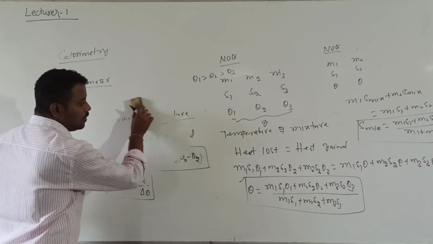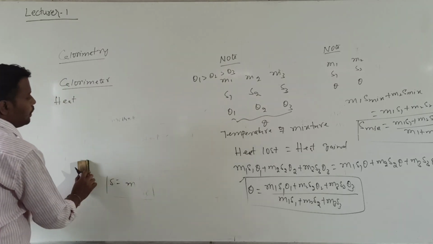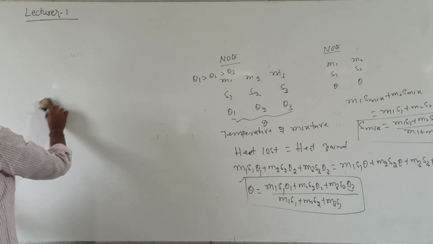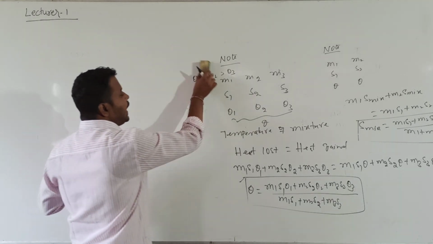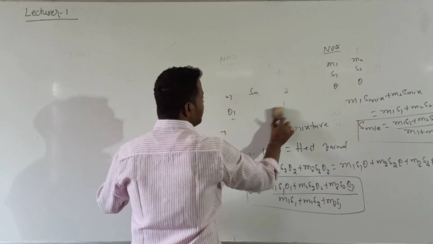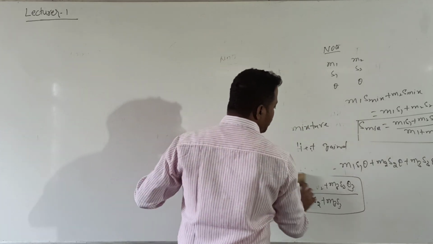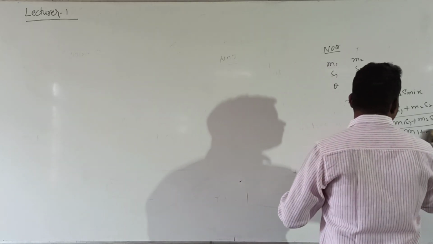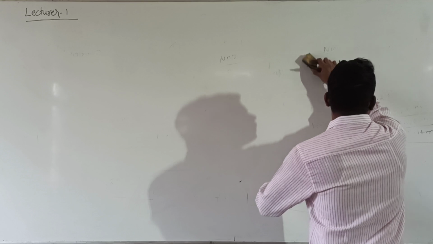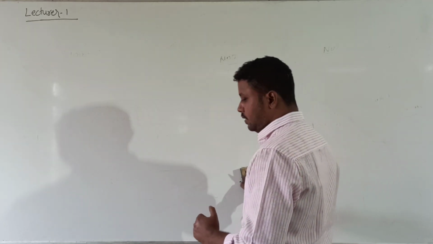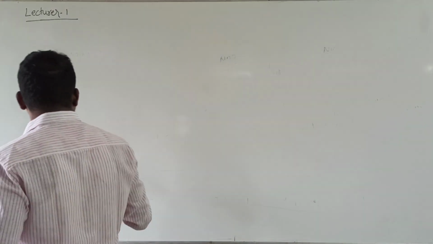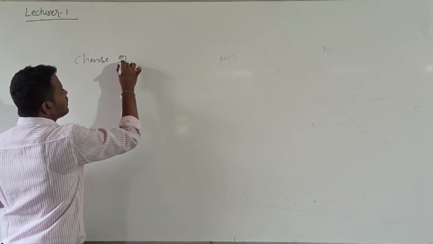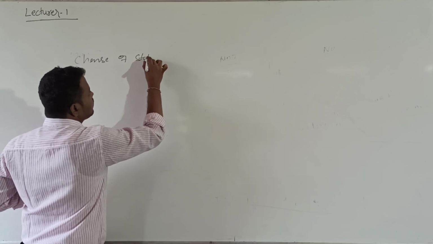After completion of the principle of method of mixtures, the next topic is change of state. This is the last topic for this class. So what is change of state?